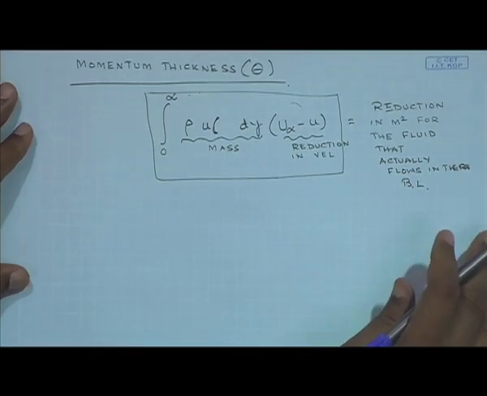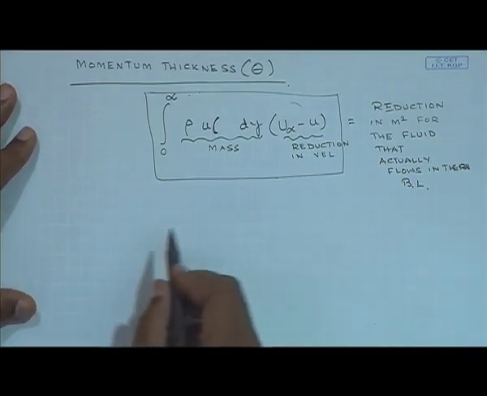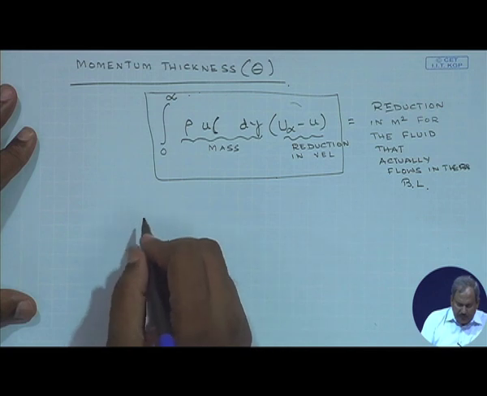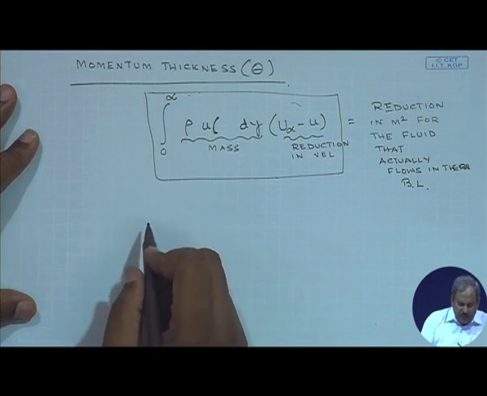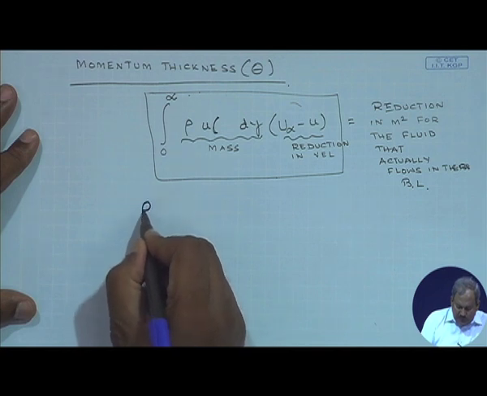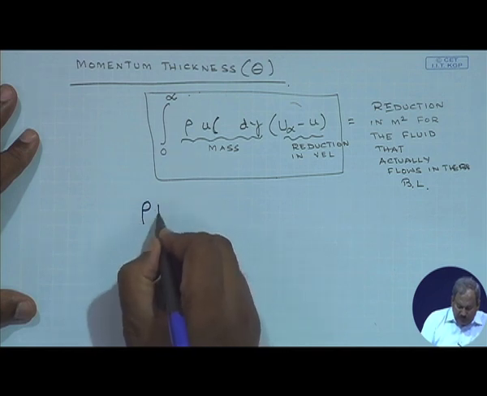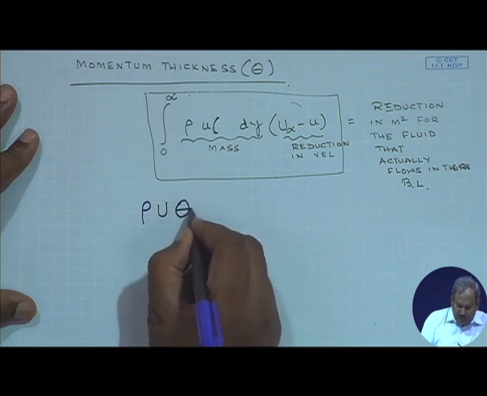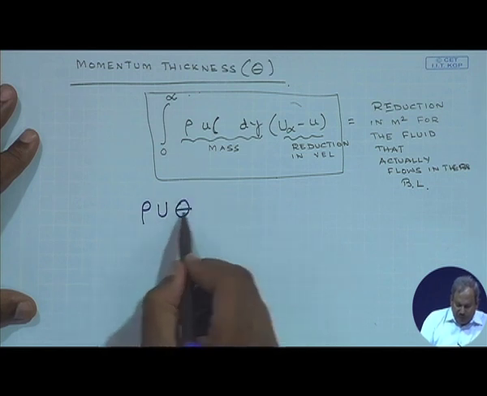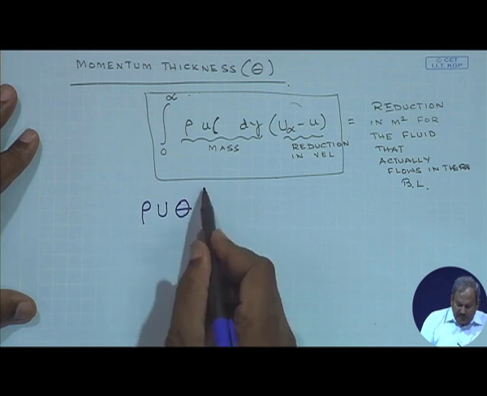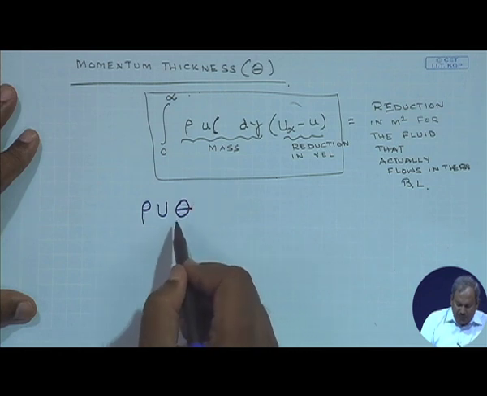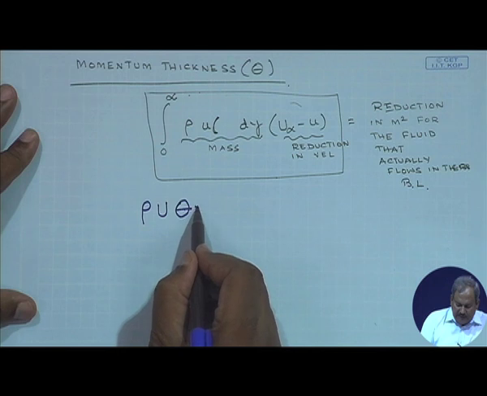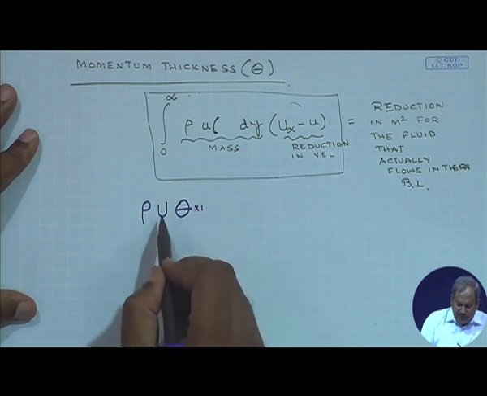So, let us see what that is going to be when you raise the platform by a distance equal to theta. The reduction in mass flow rate is simply going to be rho u times theta. And I am again assuming that the depth is equal to 1, so theta times 1, the unity is already there.